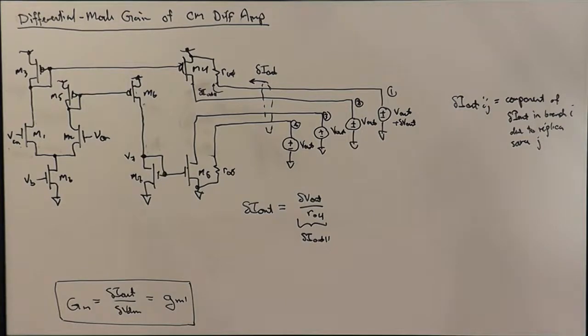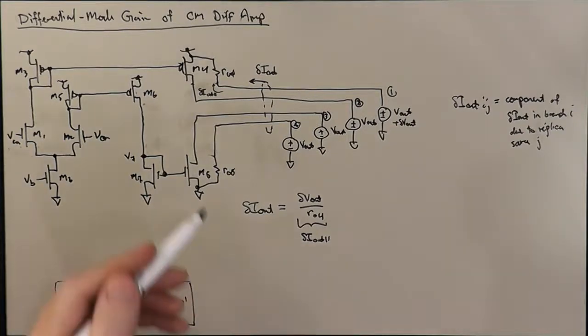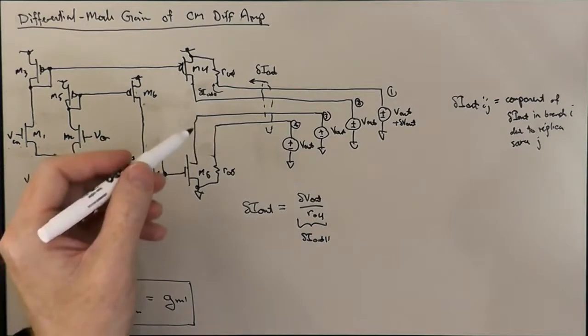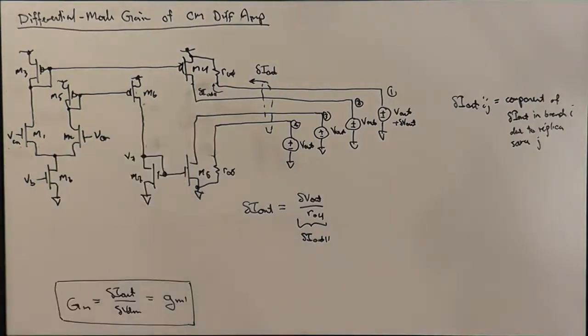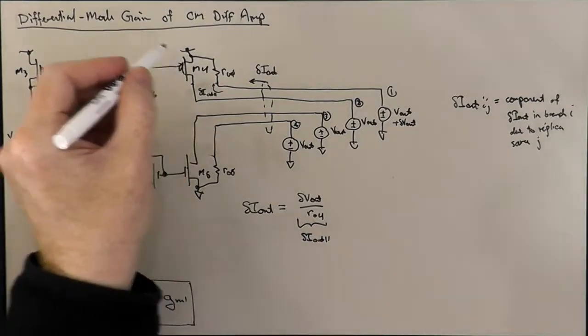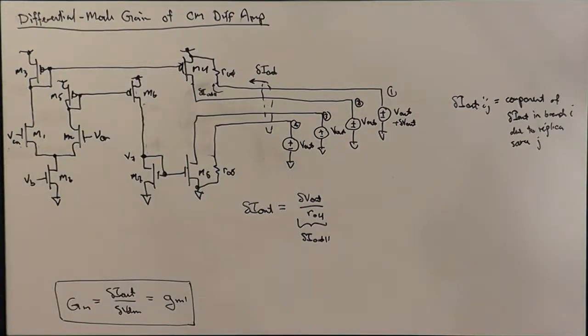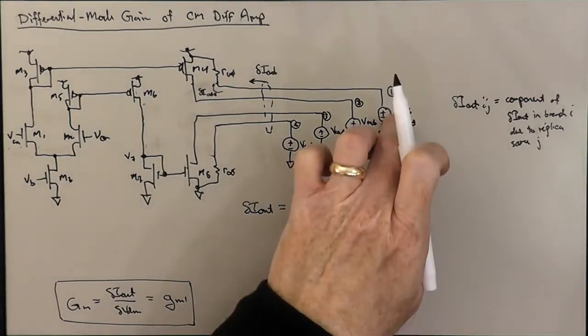And so there's only one component due to replica source 1, just because there can't be any other currents excited in the circuit as a result of this current flowing back into the power supply voltage source. It doesn't affect any gates of anything else. That's it. And so 3 out of those 4 possible components due to replica source 1 are 0.